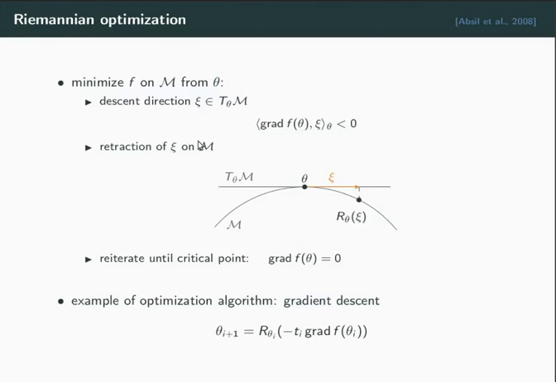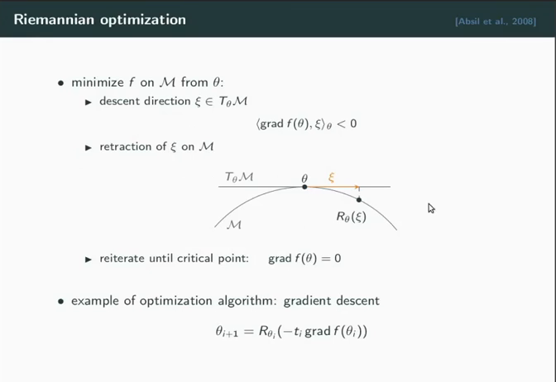From this descent direction, we are then going to need to find the new corresponding point on the manifold, and for that we use a retraction of the tangent vector xi onto M, which gives another point.